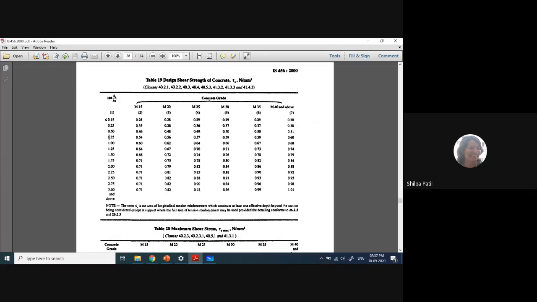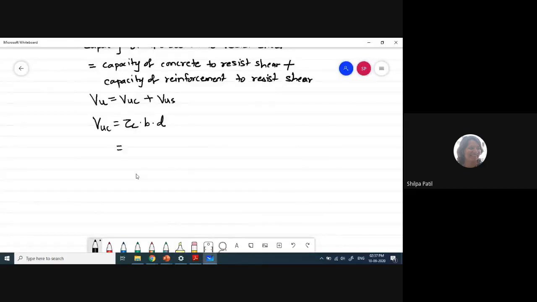So there is no need to interpolate the value. 0.75 and M20 grade, the value of tau c is 0.56 from this table. Okay. So let us write down that value here. Tau c is 0.56.